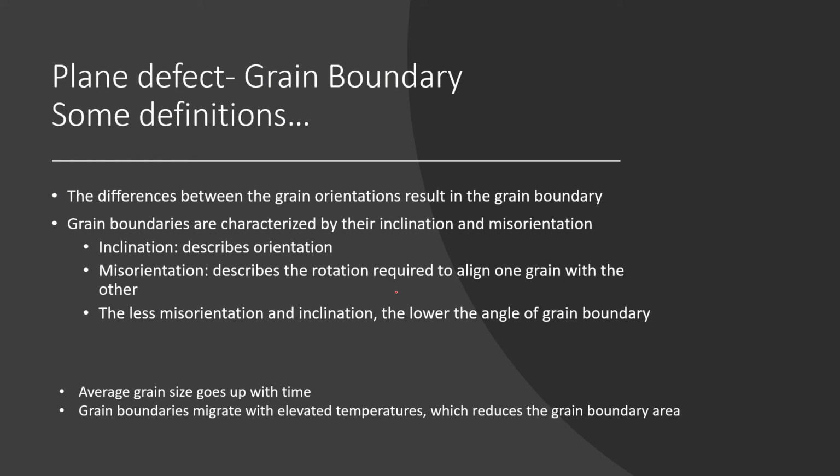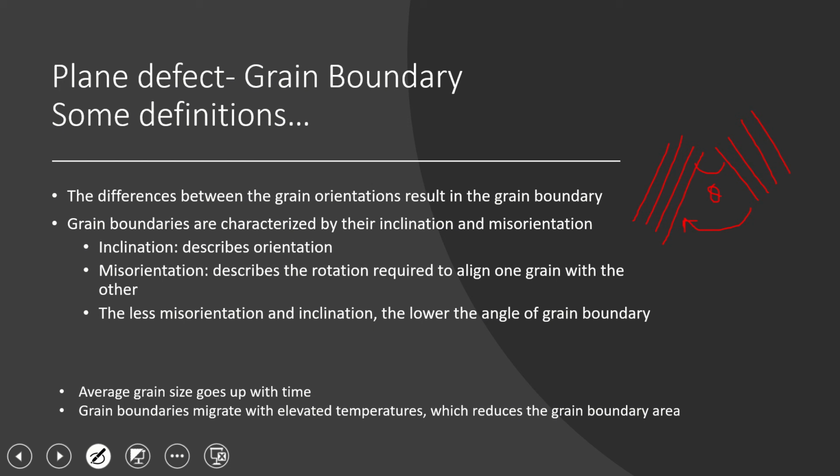So if you have something like this and something like this, the angle is what is required to align the two grains with one another. The less misorientation and inclination, the lower the angle of grain boundaries.